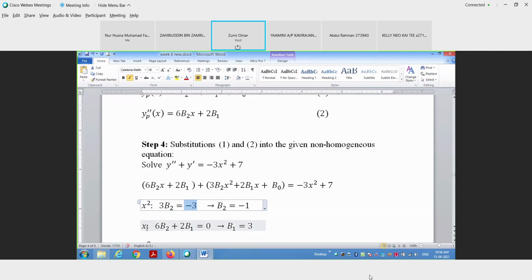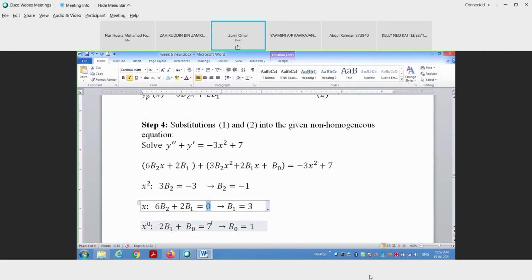How about the coefficient for x? For x we have 6b2 plus 2b1. But on your right, there is no coefficient for x, and that's why we have 0.